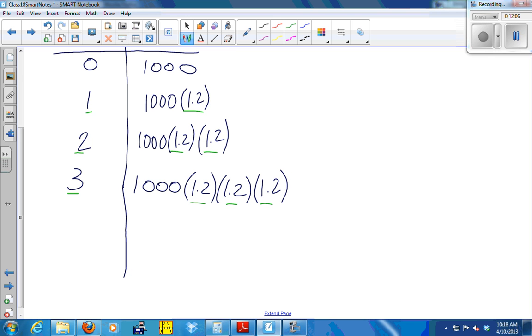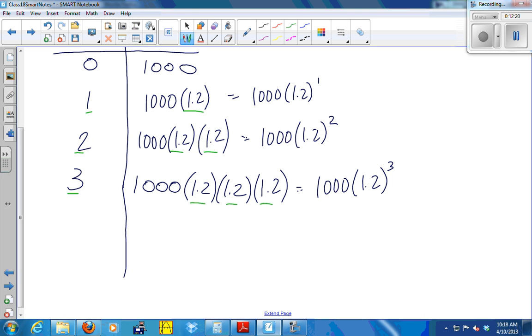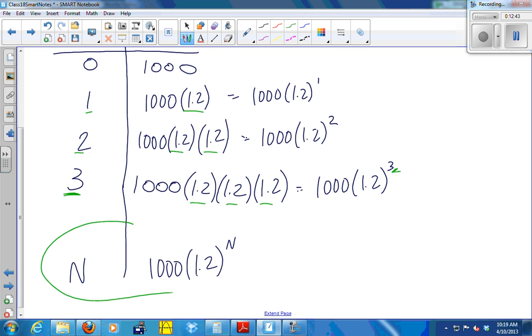So this would be 1,000 times 1.2 to the first, 1,000 times 1.2 squared, 1,000 times 1.2 cubed. So for the n, I would do 1,000 times 1.2 to the n. Right, because my n value always matches my exponent. So there's my explicit formula.